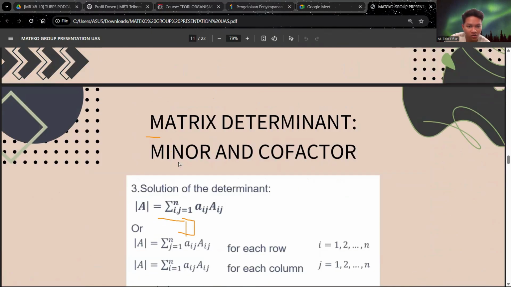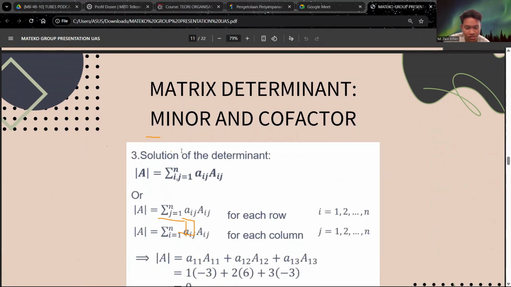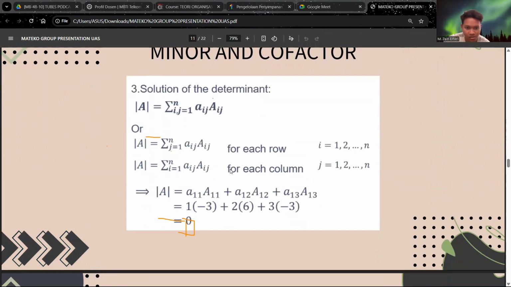Okay, we continue to the calculation. We just add the numbers from small a12 and capital A12, plus a13 and capital A13. Then the result is 1 times minus 3, then plus 2 times 6, plus 3 times minus 3.